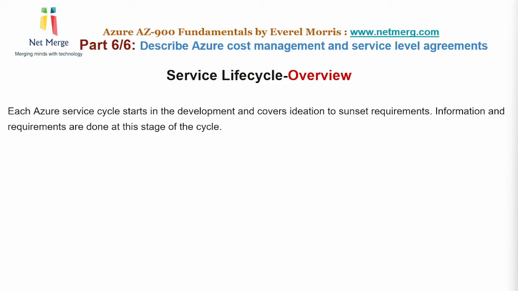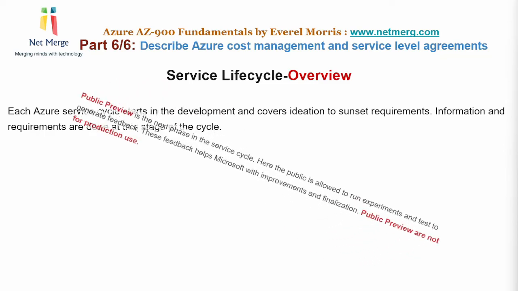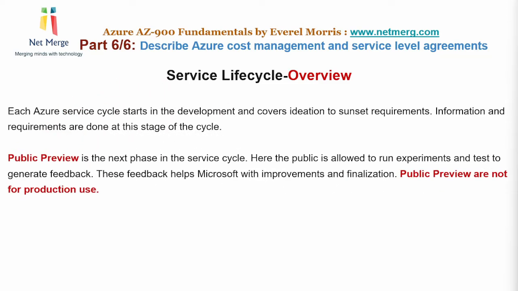Now we're getting closer. This is a service lifecycle overview. Each Azure service cycle starts in development. It covers from ideation to sunset. We spoke about that. Information and requirements are done at this stage in the life cycle. So we're talking about different stages in a product life cycle.